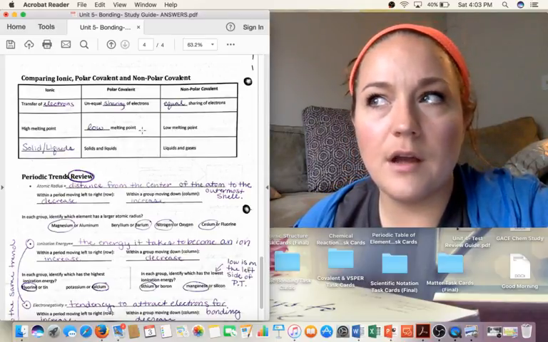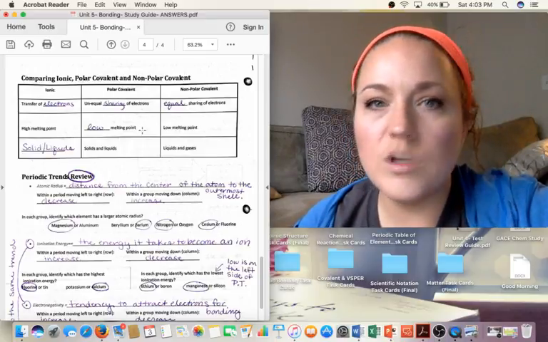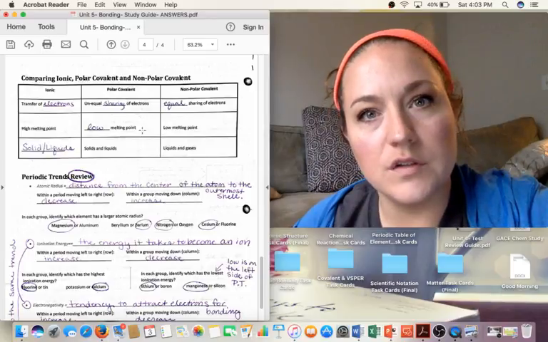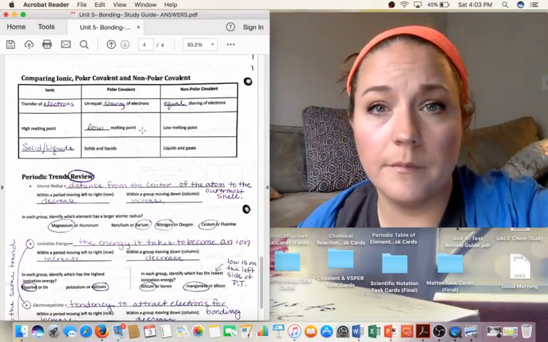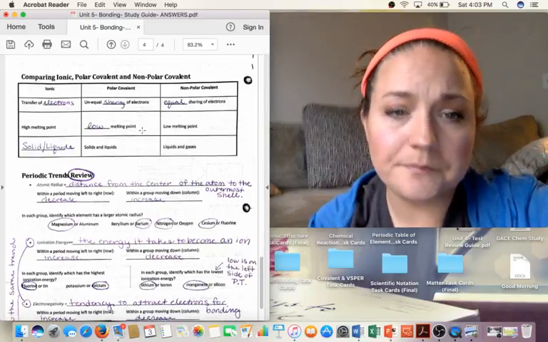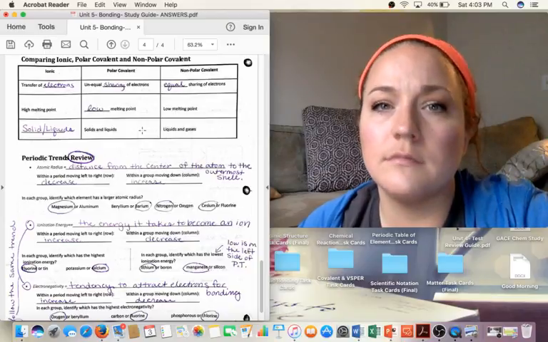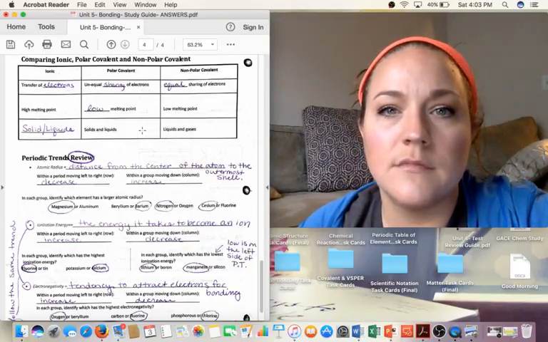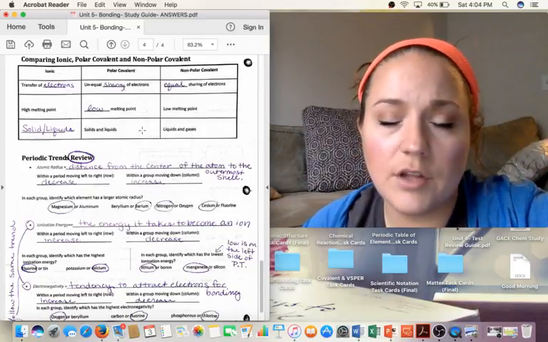Whereas if I put on the stove a thing of water, which one do you think is going to boil first? The salt or the water? So try to keep and remember it that way, that salt is ionic, very high melting point. Water, covalent, it's going to have a low melting point.